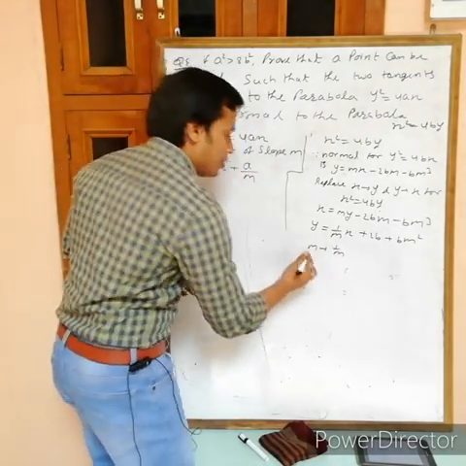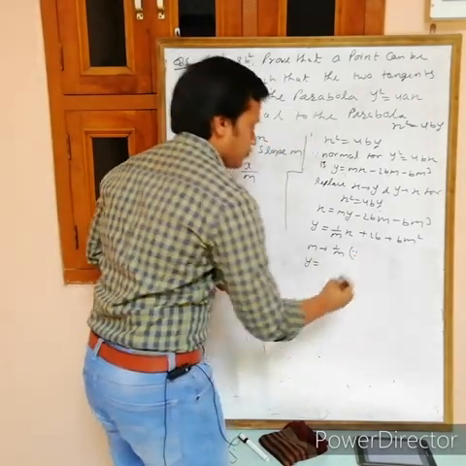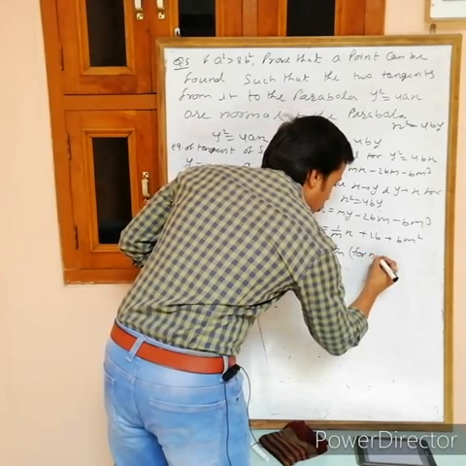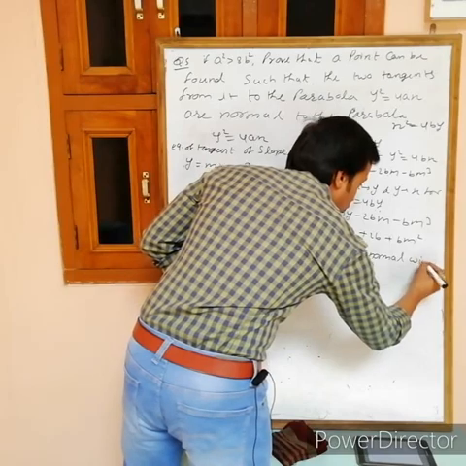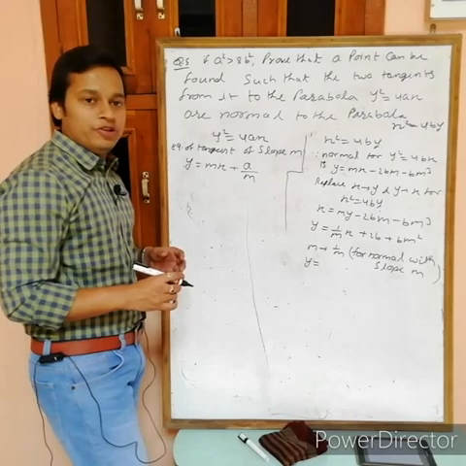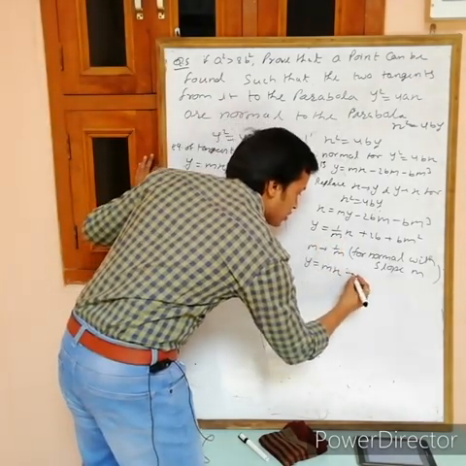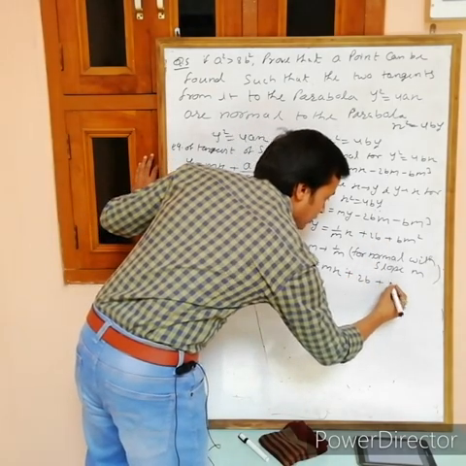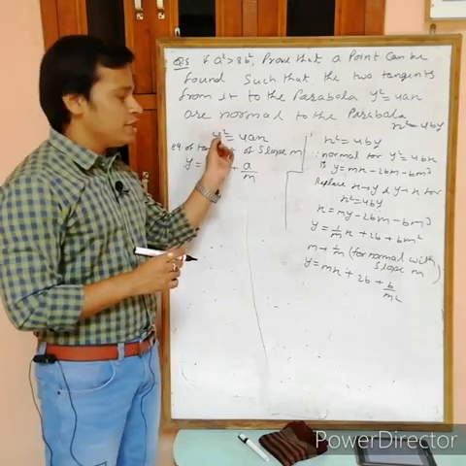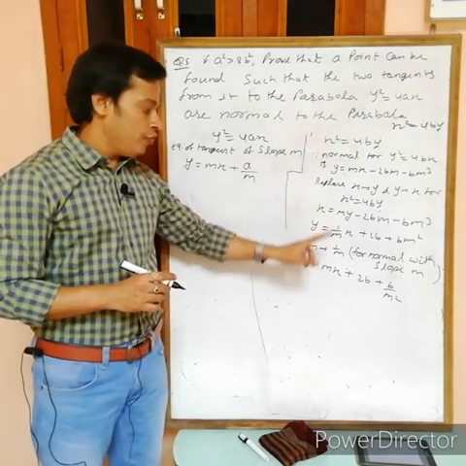If you replace m with 1 by m, then for the normal with slope m, y equals mx plus 2b plus b by m square. Now this is the tangent for this one with the slope m, and this is the normal for this one with the slope m.